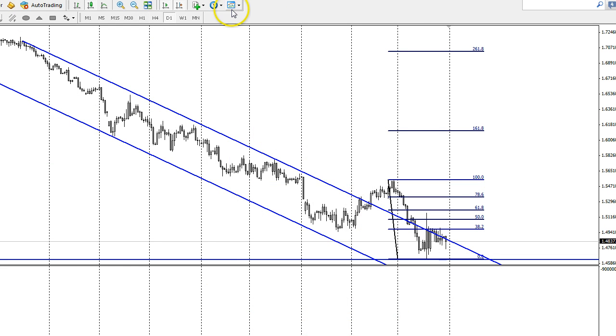The British pound did actually the same. Right now it has been stuck at the 38.2% Fibonacci retracement, has been following that downtrend channel, hugging it basically, and seems to want to push on the way down.